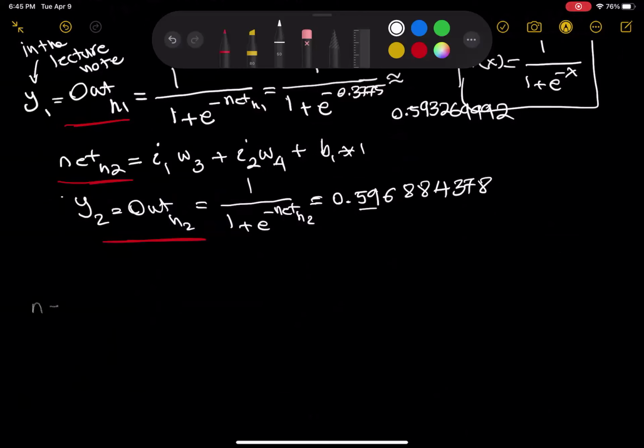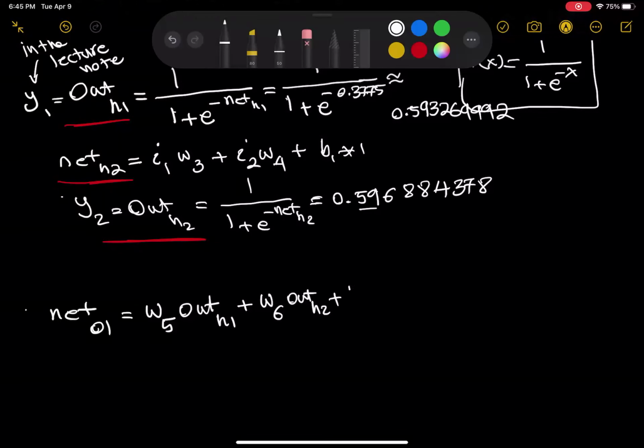net of O1 is equal to W5 multiplied by out of H1. See, out of H1, we already calculated that. That was the Y, right? Plus W6 multiplied by out of H2 plus B2 multiplied by 1, right?